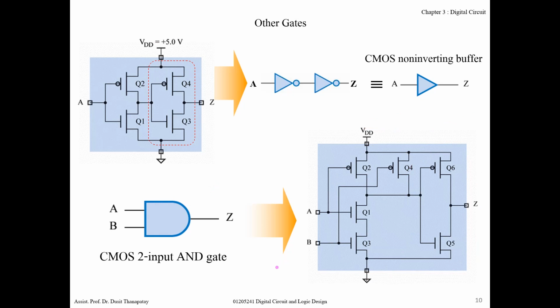In practice, an AND gate is the invert of NAND, so by itself it takes time and has a longer delay. An AND gate has a longer propagation delay time than a NAND gate.